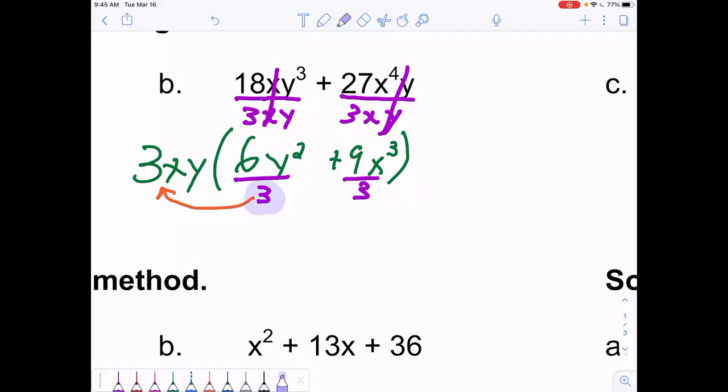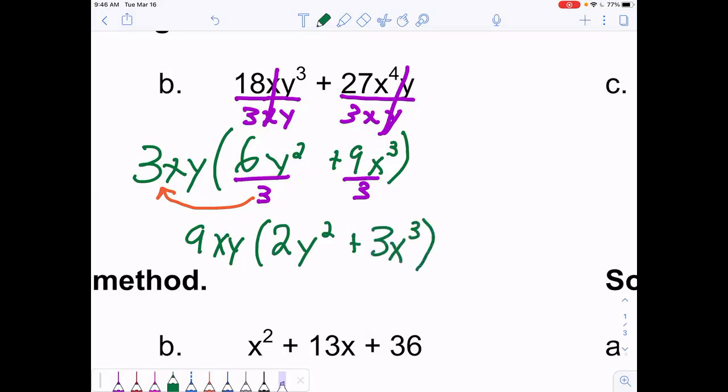So we would get 1xy. If we're already dividing, the opposite would be multiplying. So 3 times 3 gives you 9xy. And then, Jason, what's 6 divided by 3? You get 2y squared plus 3y.